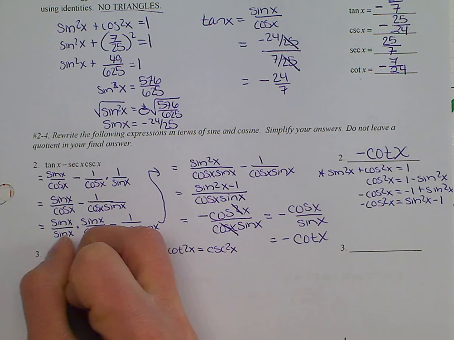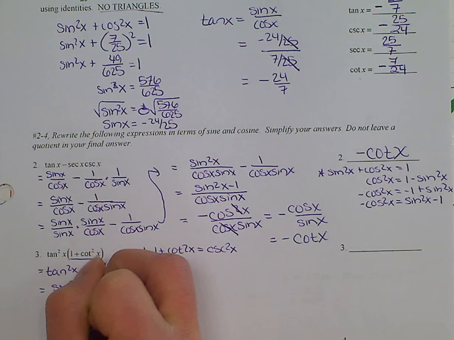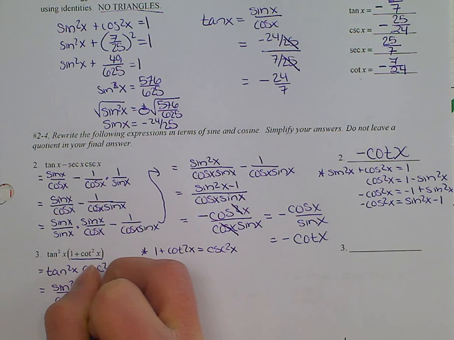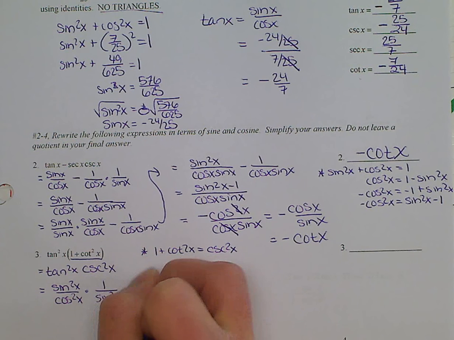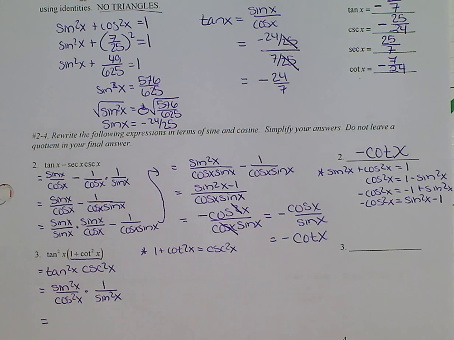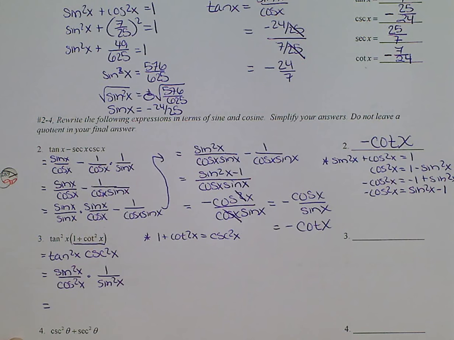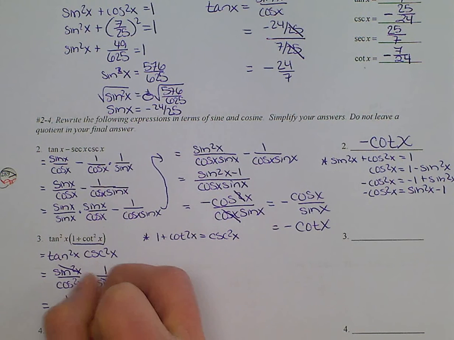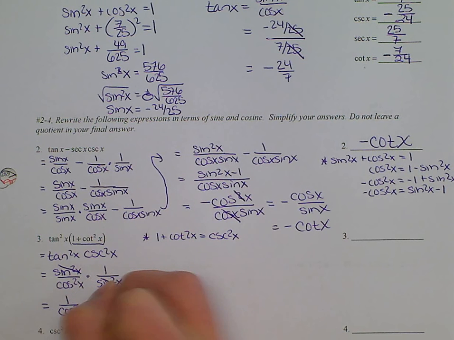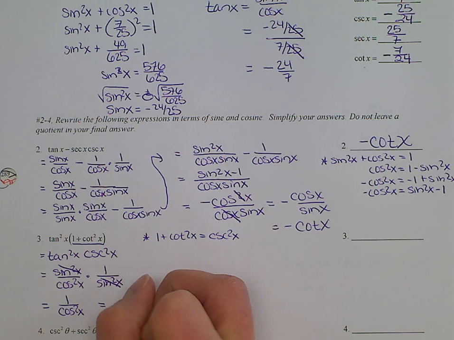Now I'm going to convert things into terms of sine and cosine. From here, my sine squares cancel. We're left with 1 over the cosine squared. And 1 over the cosine squared is the secant squared.